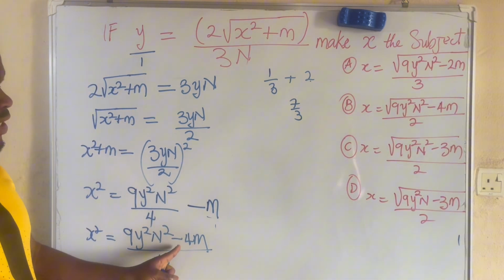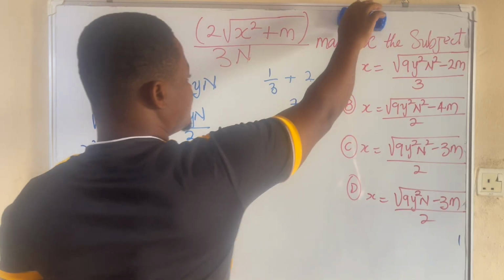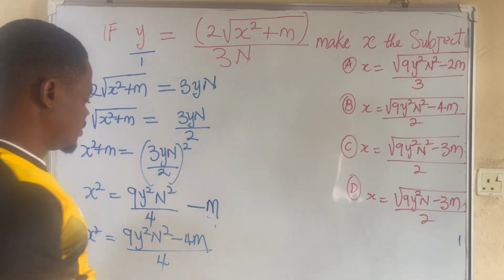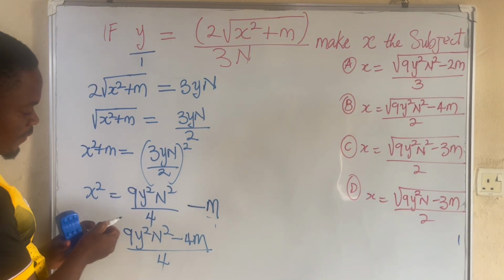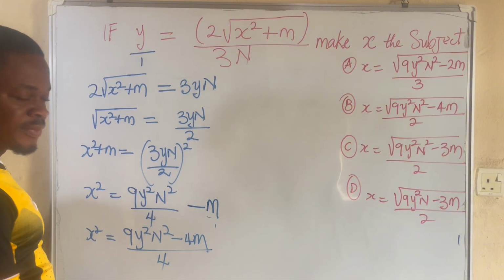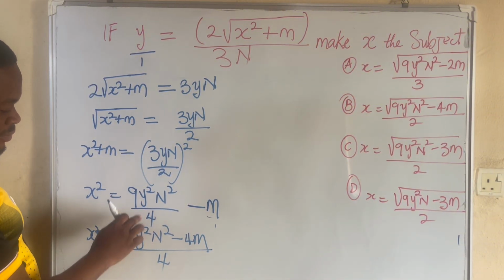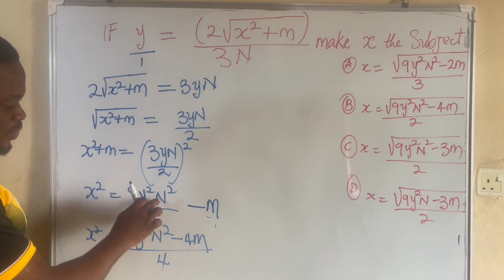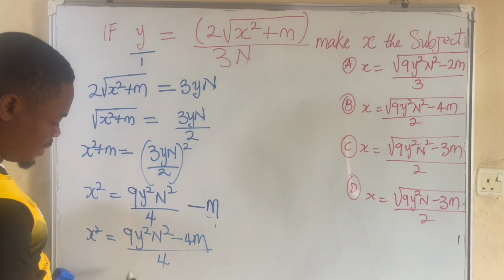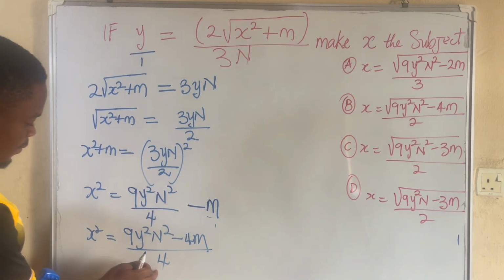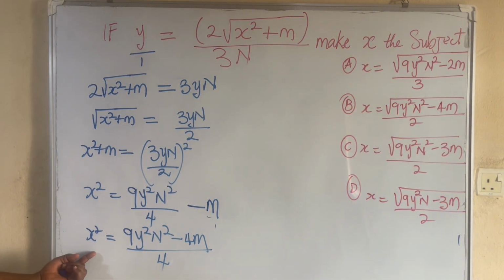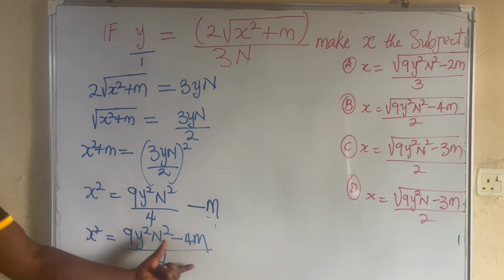So in this case, it is negative. What we did was 4 times m to give us 4m. So we now say 9y raised to the power 2 n squared minus 4m, all divided by 4. So x squared is equal to this value here.